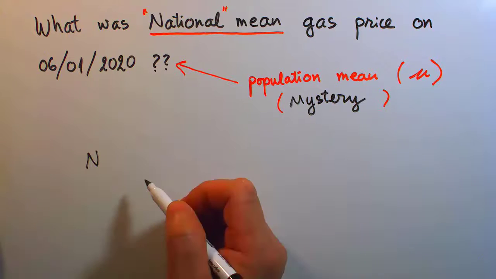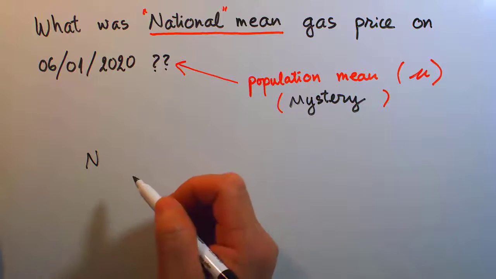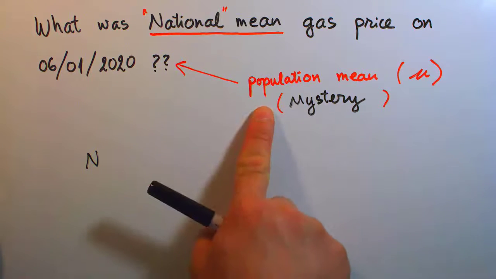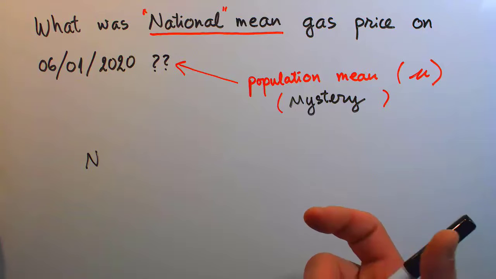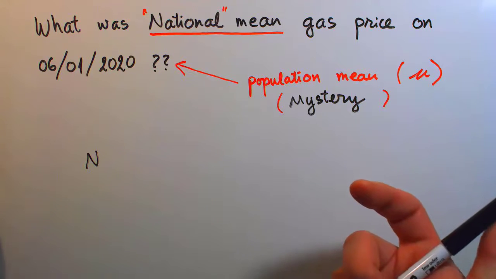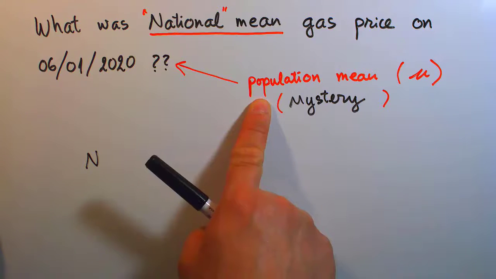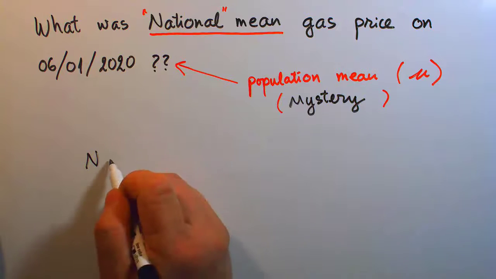Now realizing that it's hopeless to find a satisfying population mean answer, which still remains a mystery, and hopeless to find a collection of gas prices big enough to represent the population mean, let's turn our focus back to the current sample.